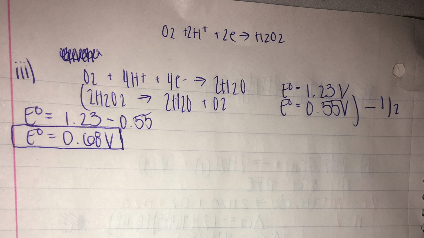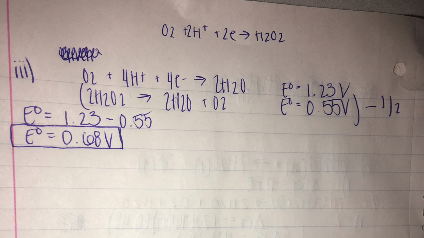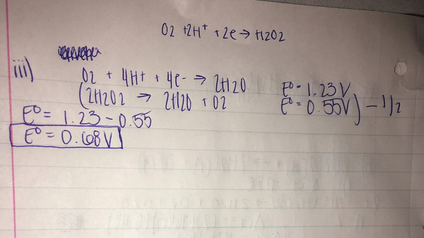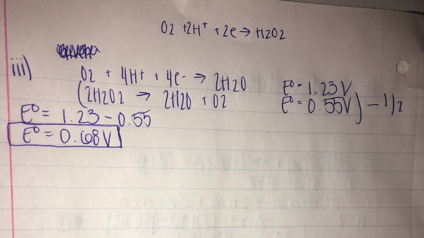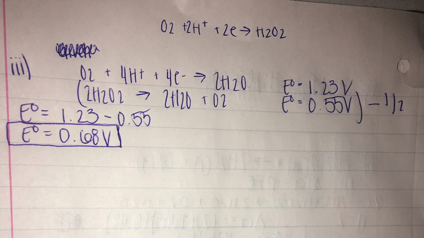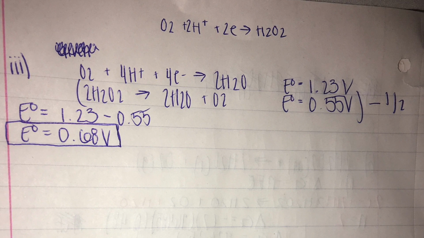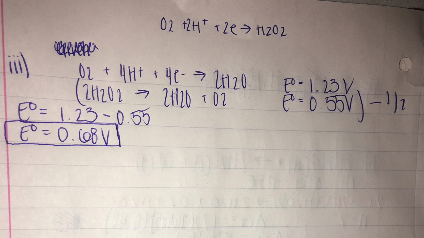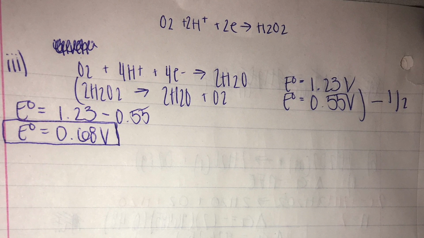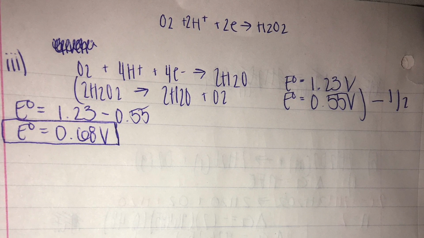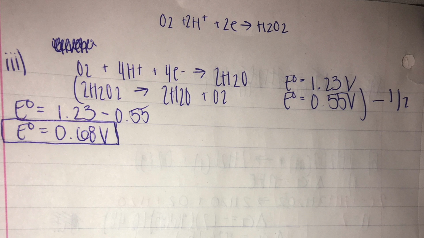We already know the standard reduction potentials for each of the half reactions needed to add together to find O2 plus 2 H plus plus 2 electrons yields H2O2. However, we need to flip the second half reaction and its E value so that the H2Os cancel out. So the standard reduction potential equals 1.23 volts minus 0.55 volts, which equals 0.68 volts.